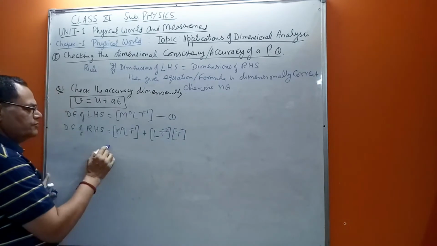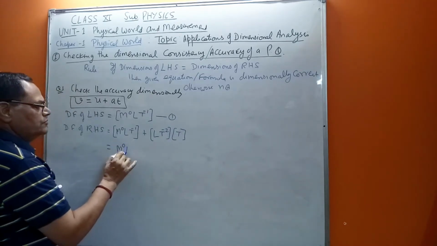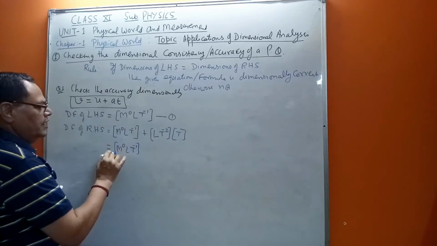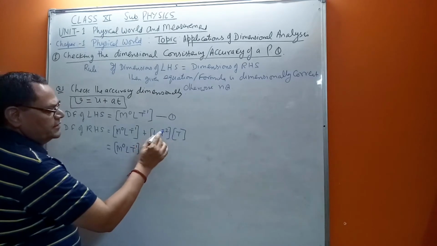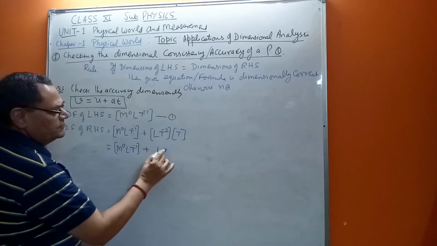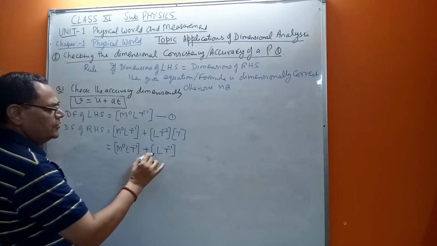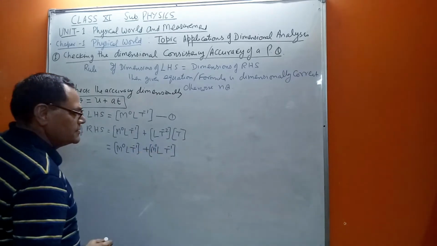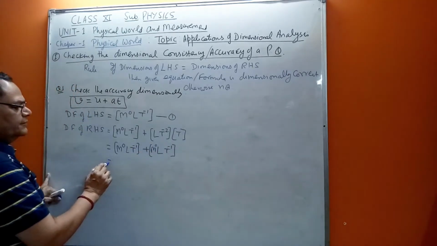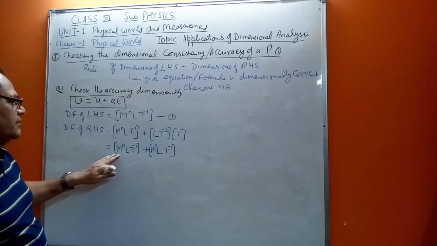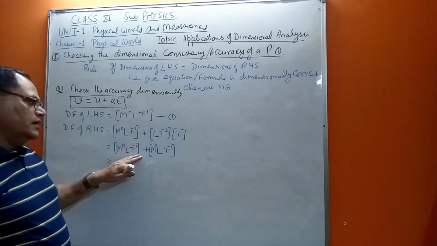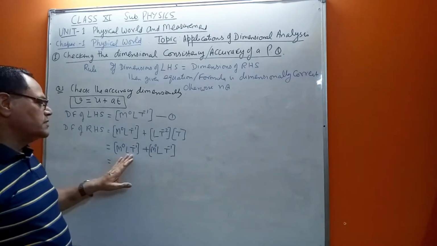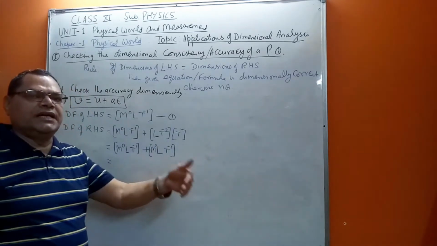If you simplify, this is M0, of course I have written in this ideal form, L and T minus 1, and this will become L, T minus 2 and T1, so this becomes L T minus 1, or in ideal form we can insert M also, that is M to the power 0. So finally, the first term is having M0 L T minus 1. Now the second term is also having M0 L T minus 1. Means these are the two terms having the same dimensions.